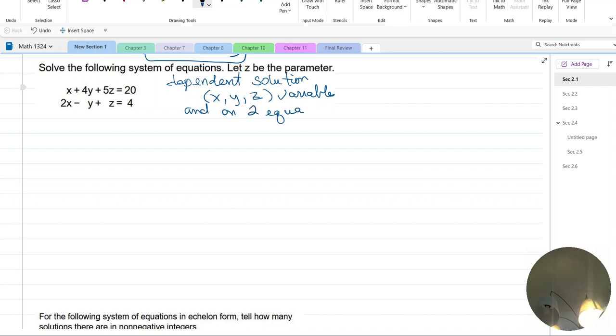So there's no way we could get a unique solution with that few equations. So here we go. The first one looks good, so we're going to keep the first one because I have 1x.